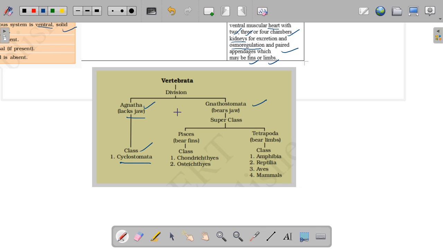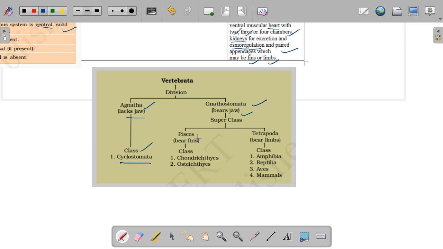Agnatha, gnathostomata. That means they have a jaw, the way we have a lower jaw. We all belong to the gnathostomata.